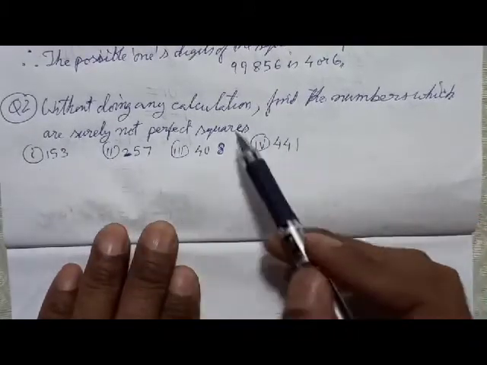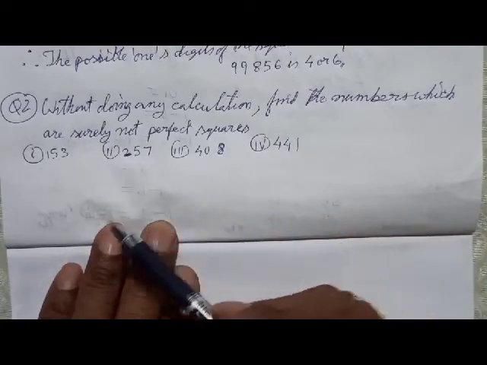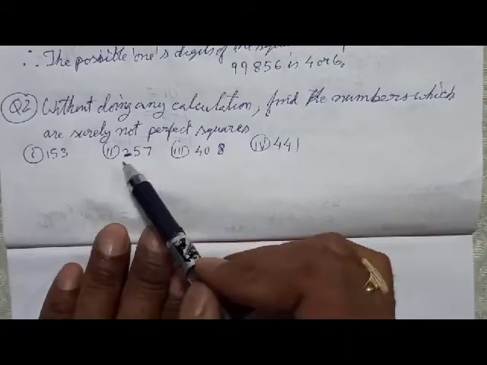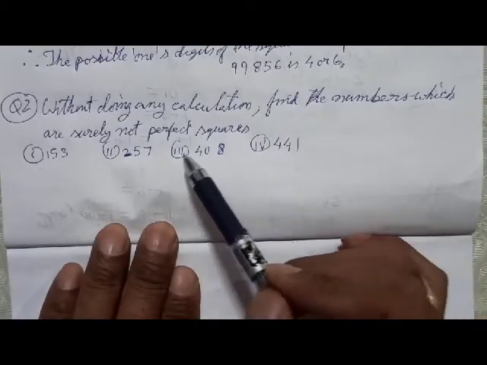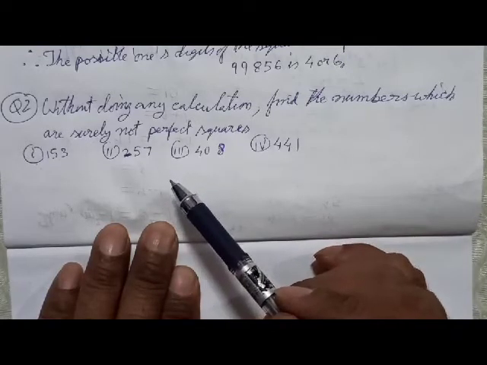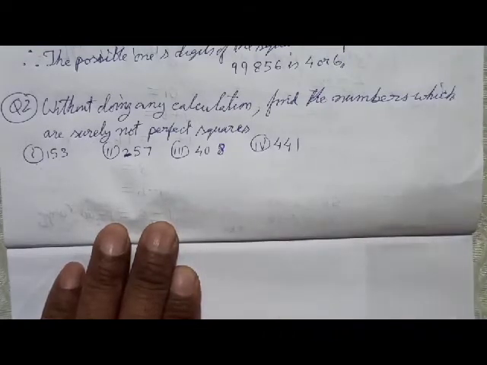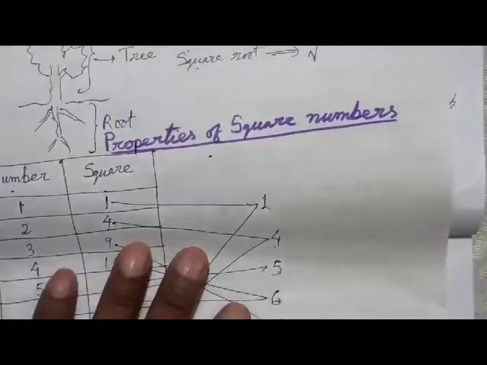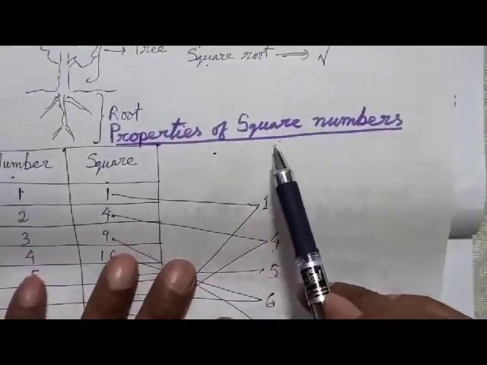Here the question says that without doing any calculation, we have to find out these given numbers which are the perfect square and which are not the perfect square. So to try this question, let us remind these properties of square number.